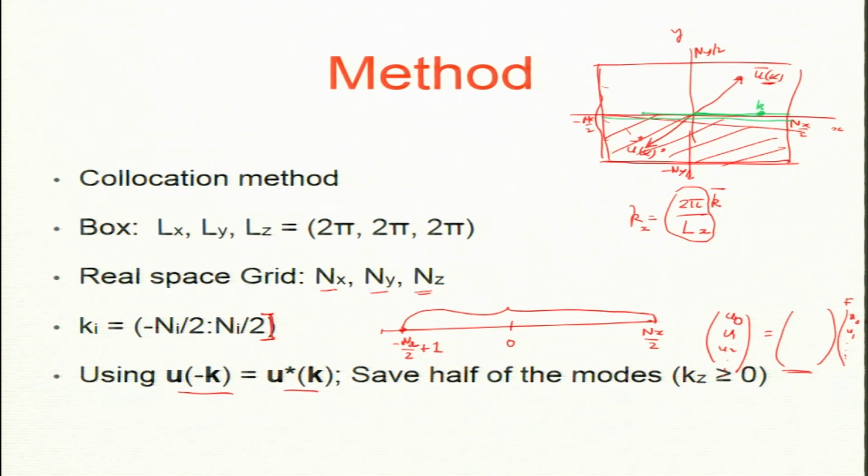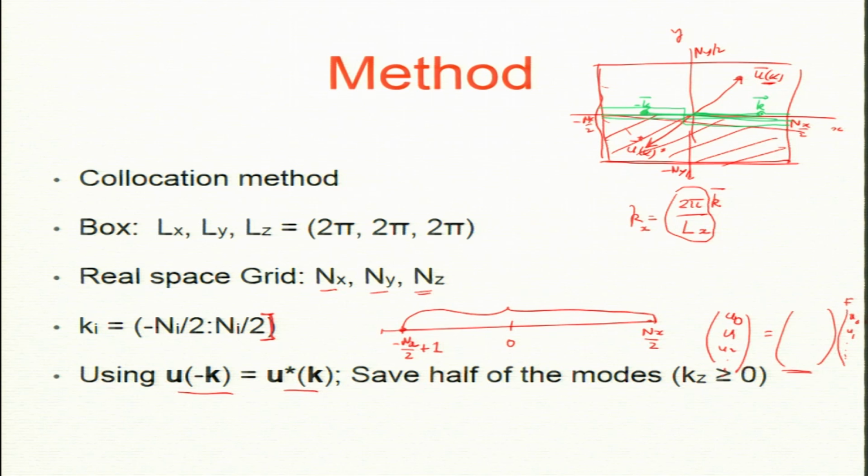If this is vector k, this is vector minus k, and I want to keep the full line. It is too much labor if you keep half the line. Ideally, we would like to cut it like that, then you do not need to worry about this half. But if you keep the full line, which is the convention, then you have to make sure that the velocity field at this point is the complex conjugate of this.